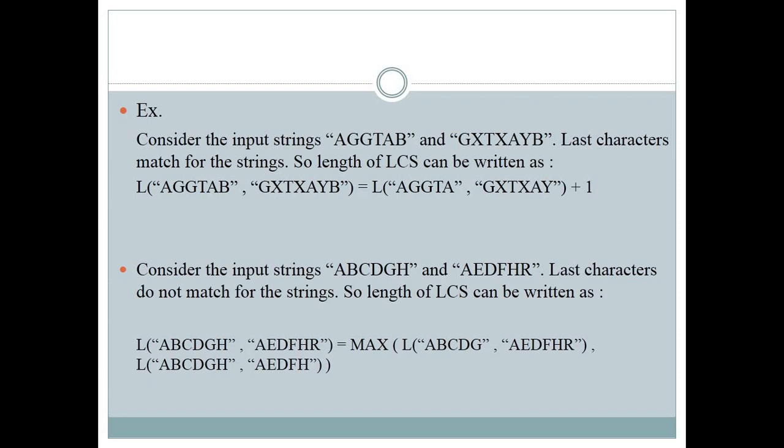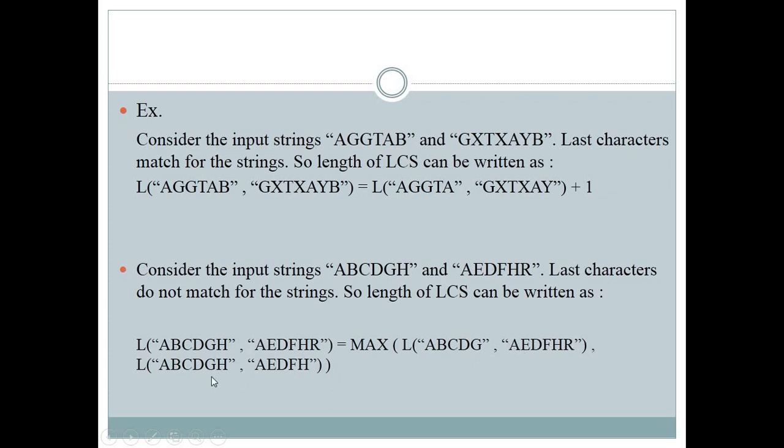Okay, so in that case we will find a maximum from the two things. In the first thing we will find the longest common subsequence from string 1 and string 2, but we will discard the last character from string 1. Okay, this is the first case.